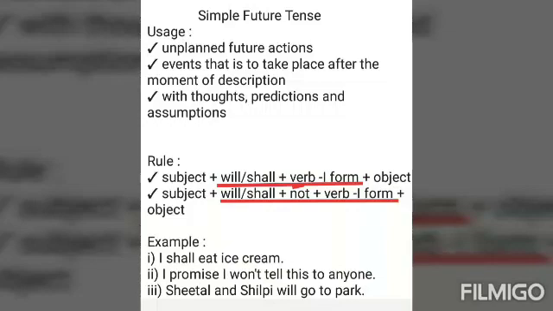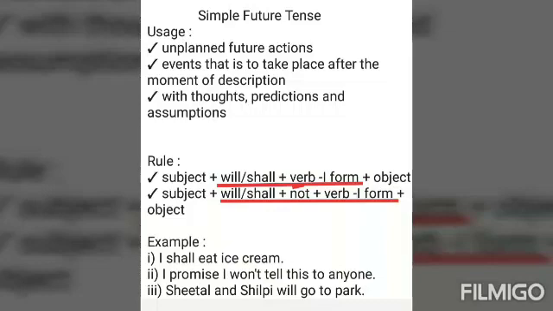Observe all the sentences. Shall plus verb first form is given in the first. In the third we have given will plus verb first form. In the second we have given won't plus verb first form. Won't is the abbreviation for will not.